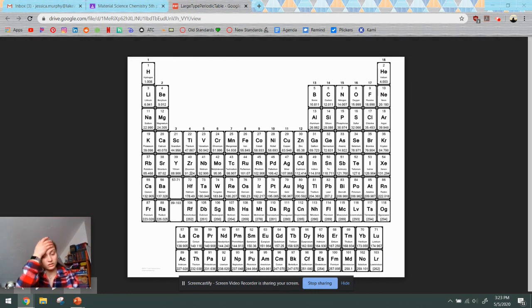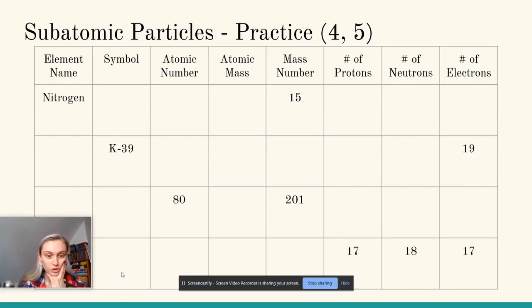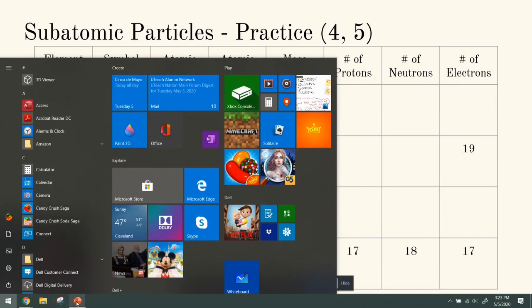And I'll link this periodic table on the agenda the morning of your test next week so that you have access to a good periodic table, because I really like this one. So first thing we have to do is nitrogen. We need the symbol, atomic number, atomic mass. We need pretty much everything, so let's look at nitrogen for all this information.